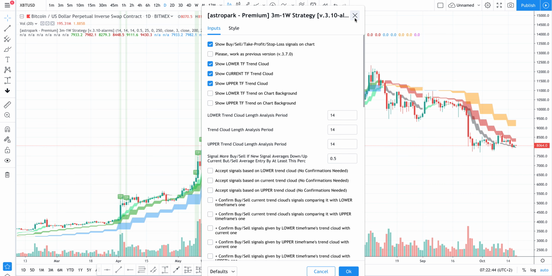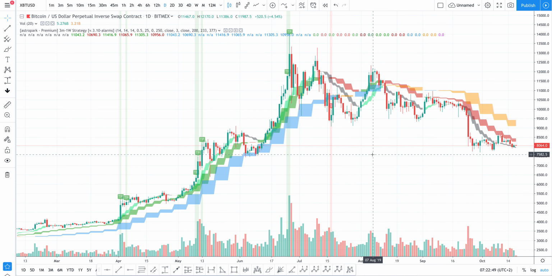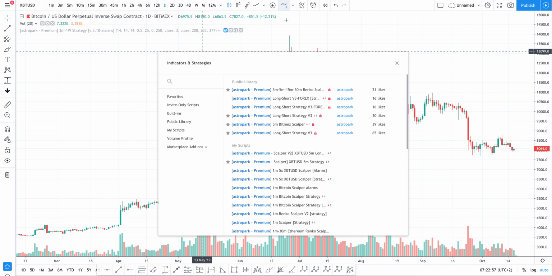That's it. This is my V3 script. It's very different from the V1 and V2. You can find it for free on TradingView.